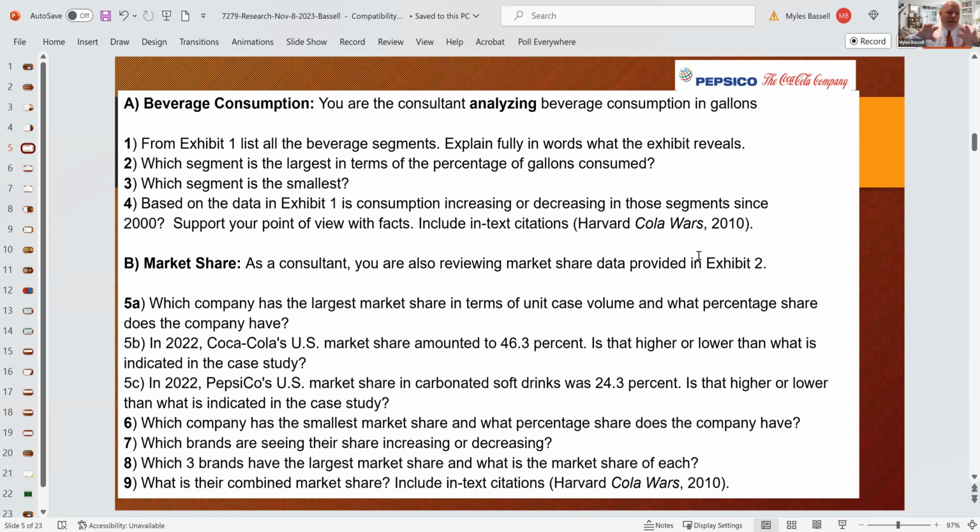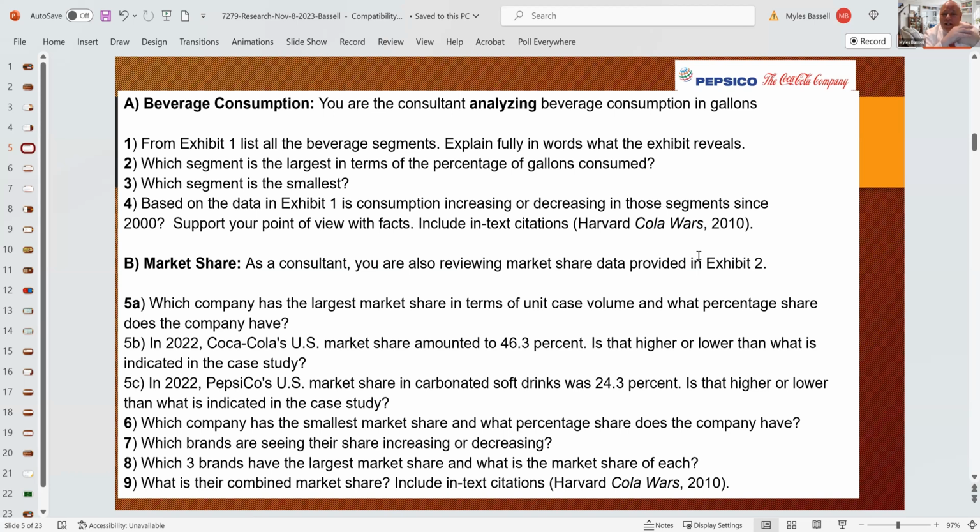So in the exhibit, you're going to see a variety of different beverage segments. I want you to mention that for this first question, which says, give a list of all the beverage segments from that exhibit, and explain that in words, right? So you should say, according to the Cola Wars case study, there are 7 beverage segments, and they are, and then just bullet point them.